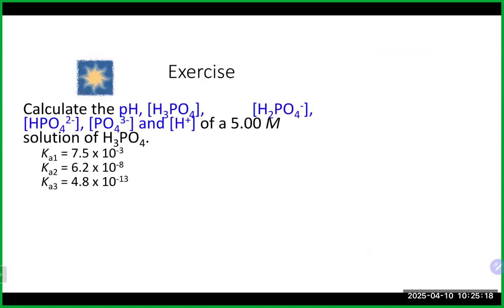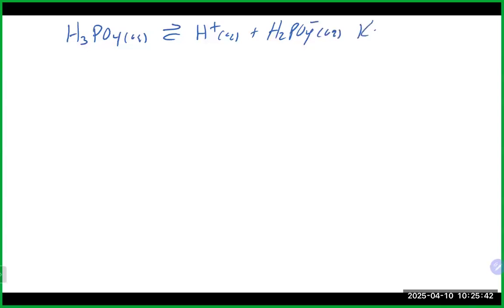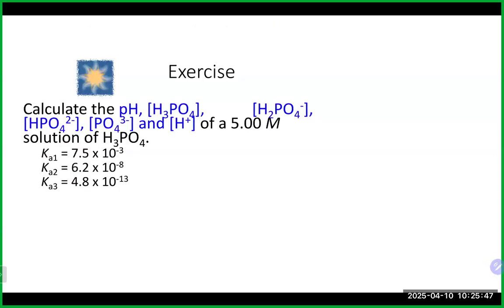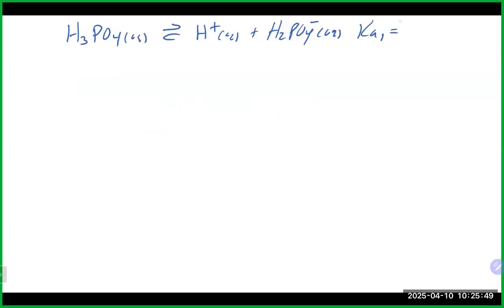So obviously the first thing that's going to happen here is we've got 7.5 times 10 to the minus 3. So we're going to have our H3PO4. It's going to break apart into H plus and H2PO4 minus. And that's going to give us our Ka1 value that we saw there, which was 7.5 times 10 to the minus 3.